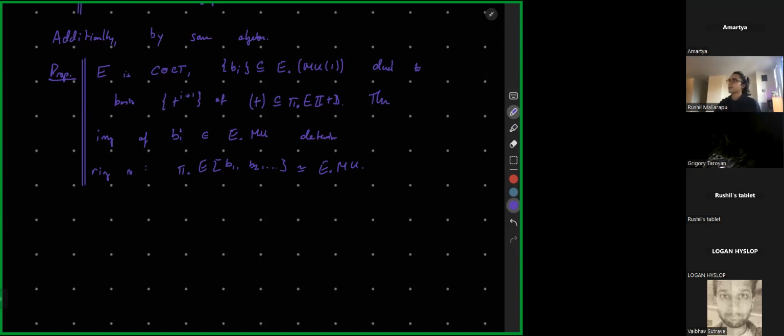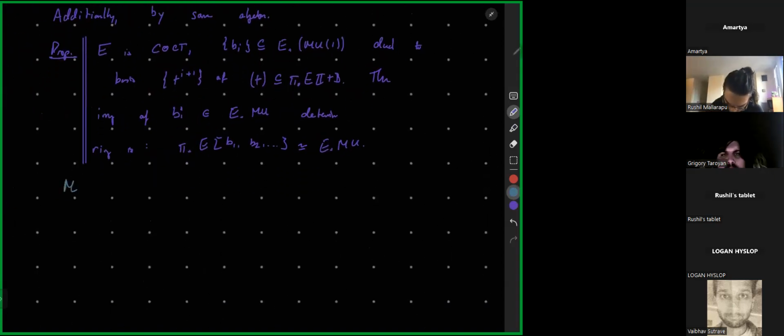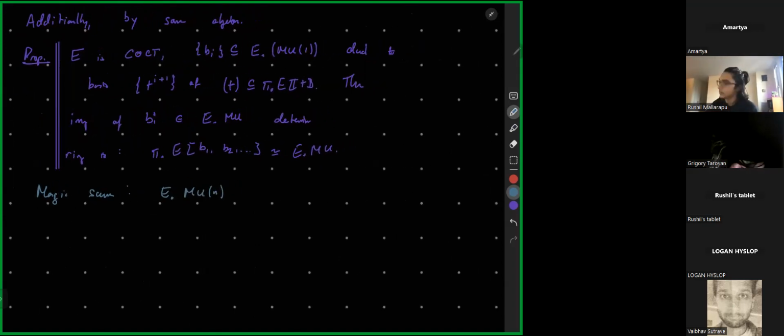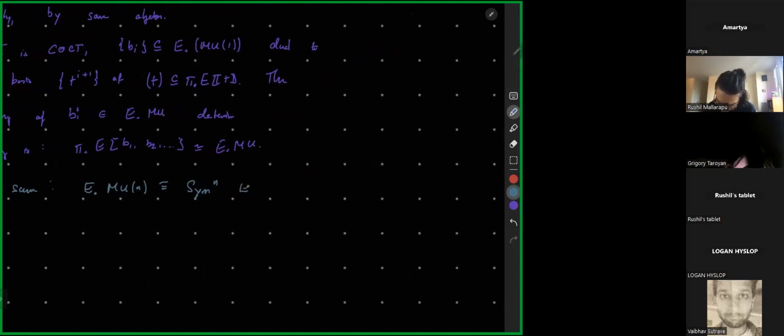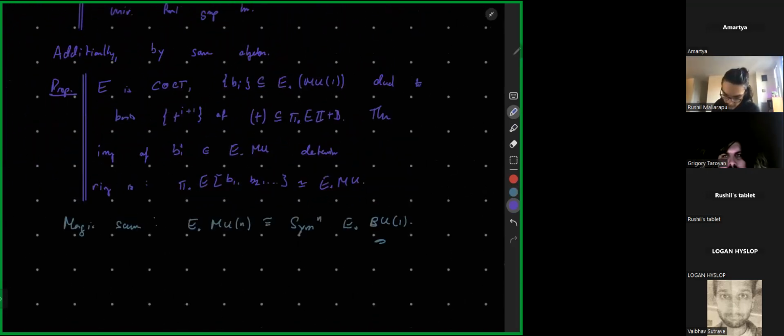The magic sauce here is that you can identify the E-homology of MU n with the n-th symmetric power of the E star homology of BU1, and we know what this is, so from there it's not very fun.